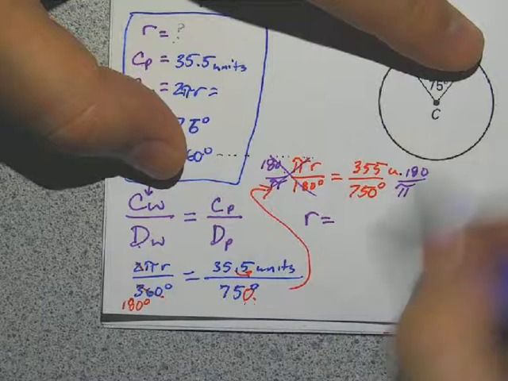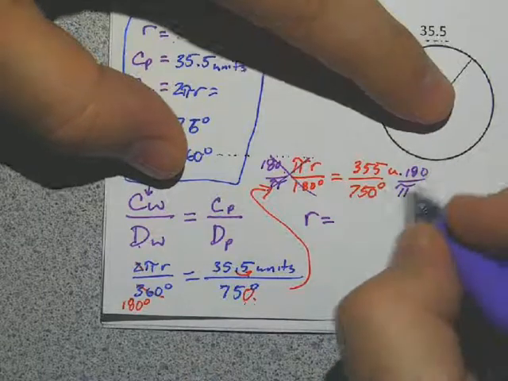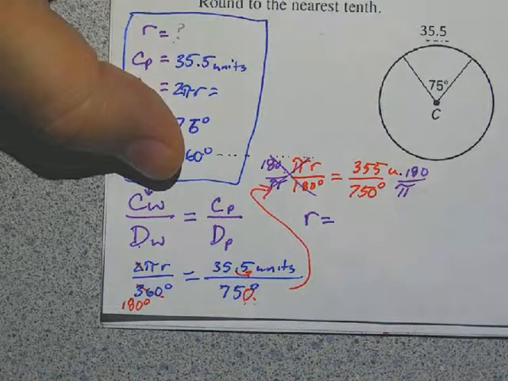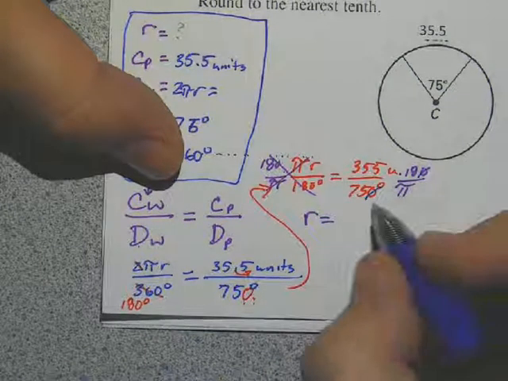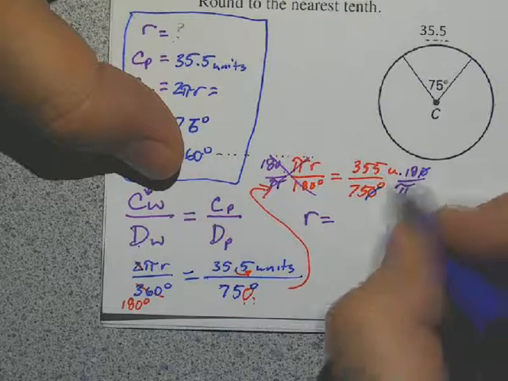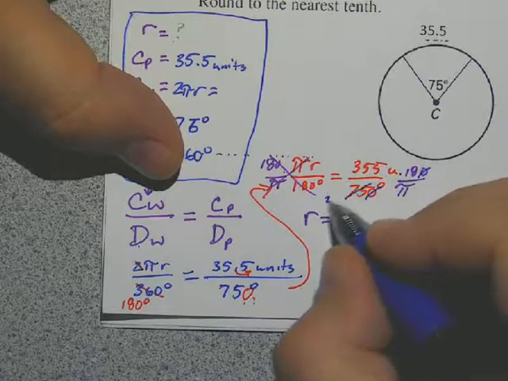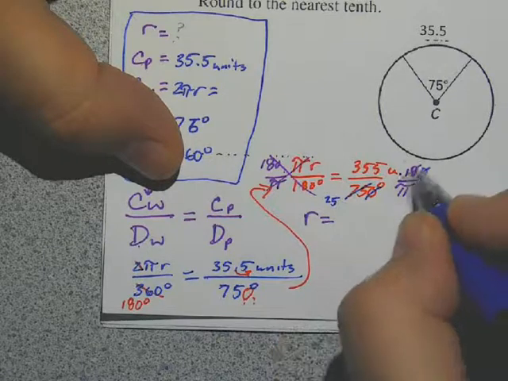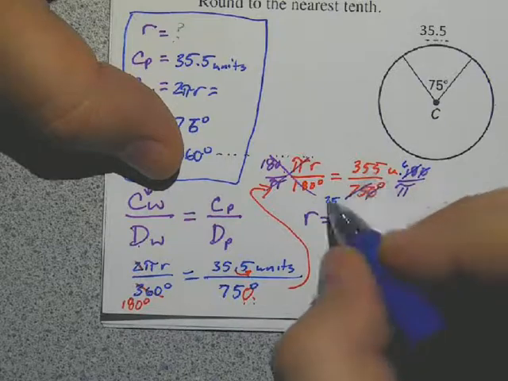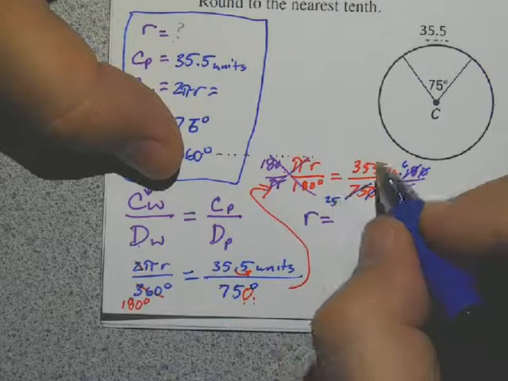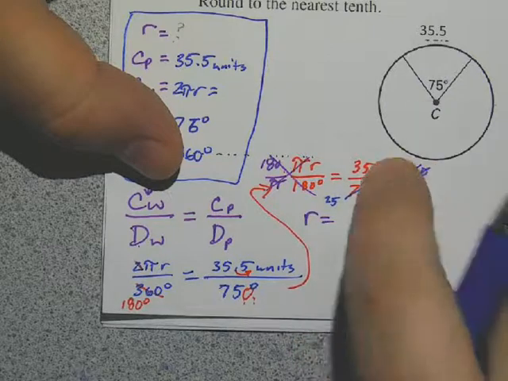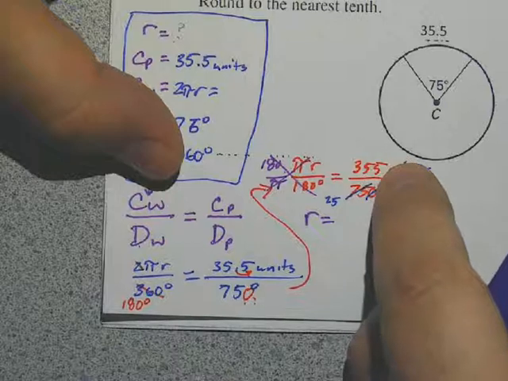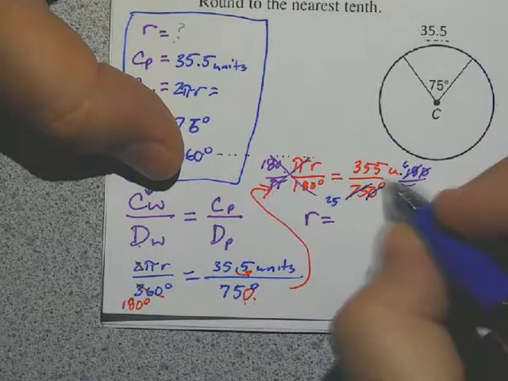So now I just need to look for some things that I can reduce here quickly. So 180 and 750 both end in 0. That means that they can be divided by 10. And let's see. I know that 3 goes into 75 and leaves me 25, and 3 goes into 18 leaves me 6. 5 appears to go into both of these, so that's going to be 5 goes into 355. I know that 5 goes into 35 7 times. So it'd have to go into 355 71 times, and that'd be 1 more.